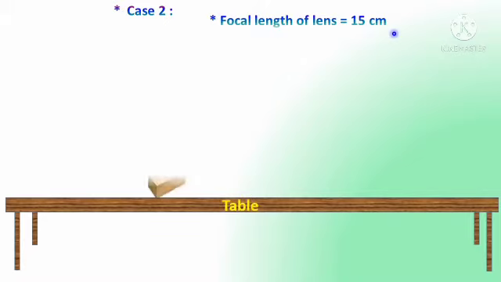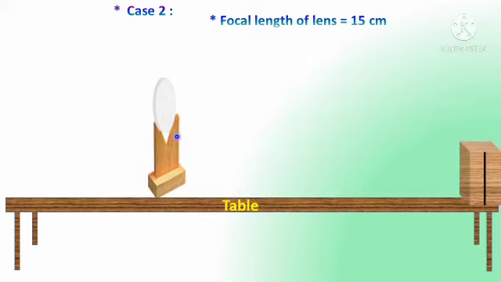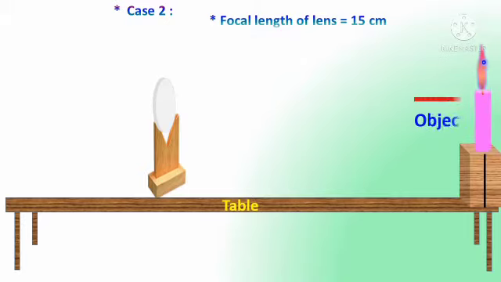Same arrangement: table 2 meters, put the V-stand and arrange the convex lens. Convex lens, that is the converging lens. Listen carefully. Converging means all rays meet at a point. That is called the converging point.